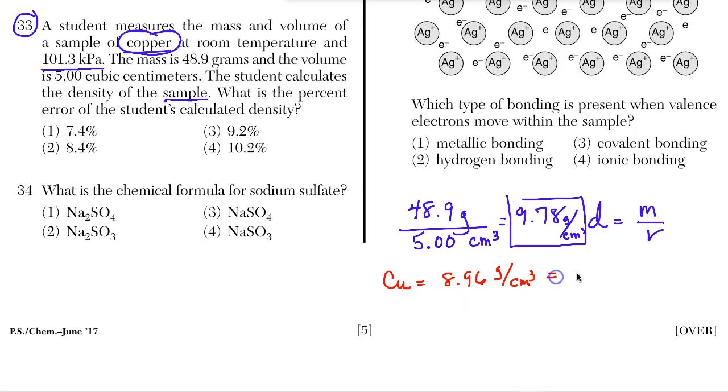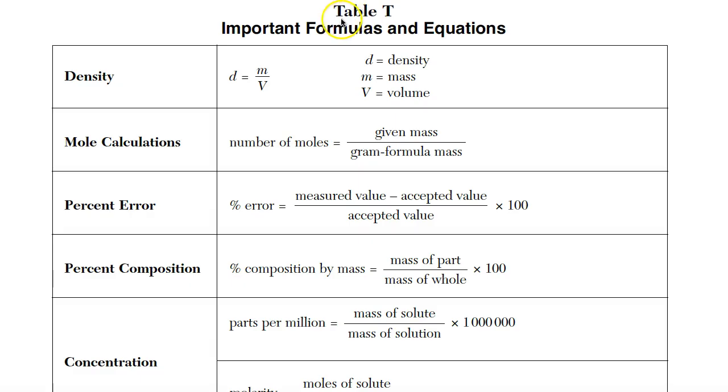That is the known, or the theoretical. Here is the experimental, because a student measured that. And to do a percent error, we need a formula for percent error. Well, table T is our friend. Let's go. So table T, what we got is percent error: the measured value, which is the experimental, minus the accepted, or the theoretical that we looked up in a table, divided by the accepted, times 100.